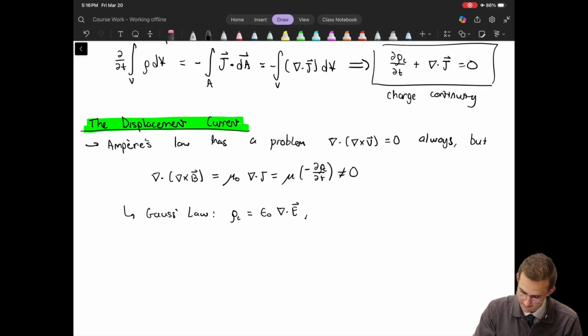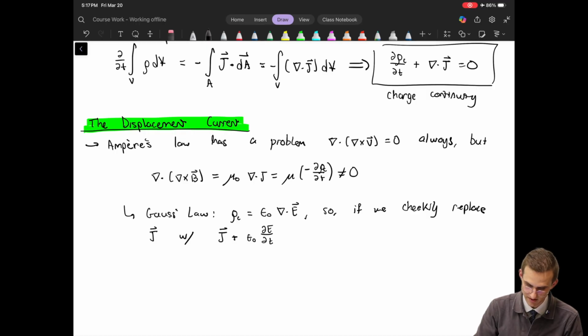So, if we cheekily replace J with J plus epsilon naught dE dt, then the equation behaves properly.